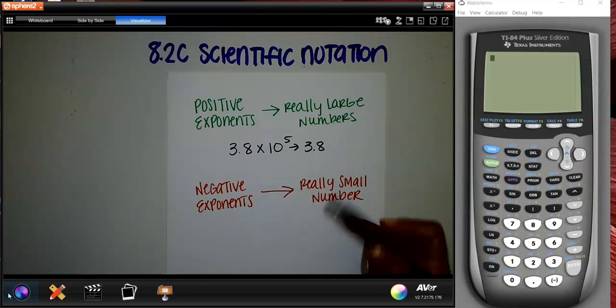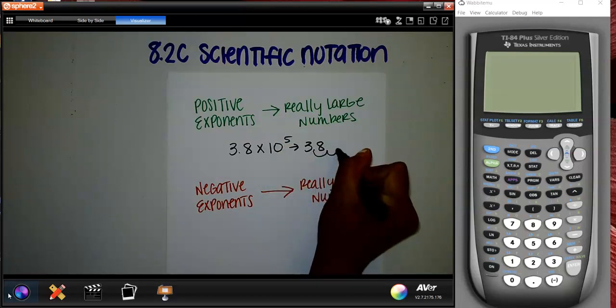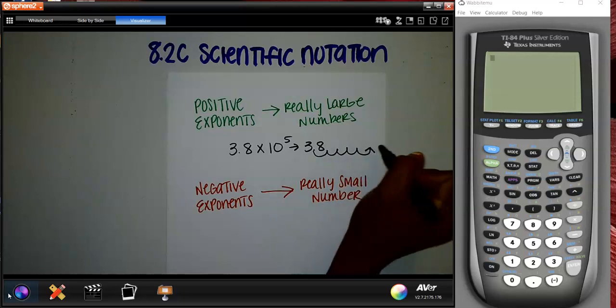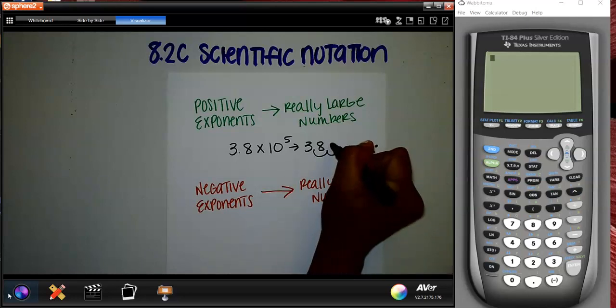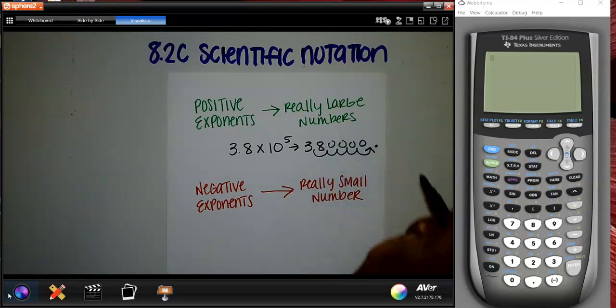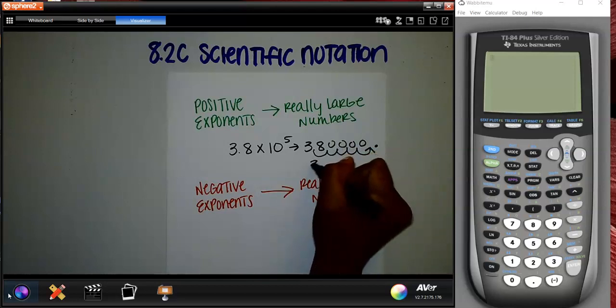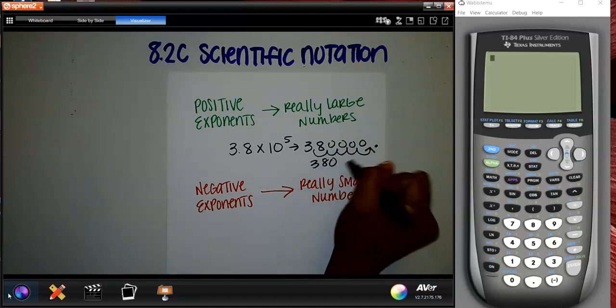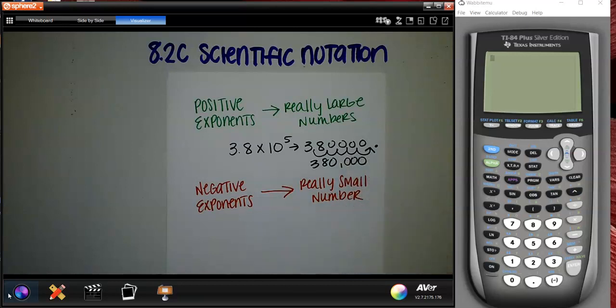In this case, it's positive, so I'm going to move to the right. 1, 2, 3, 4, 5. And then I'm going to fill in those zeros. 1, 2, 3, 4. So here, my new number is 380,000.